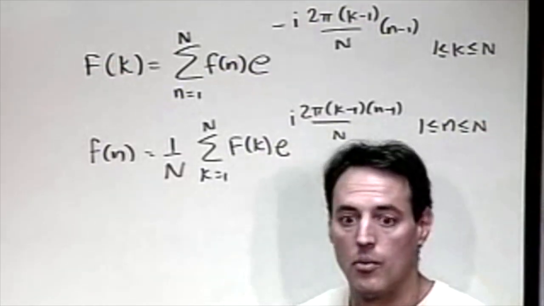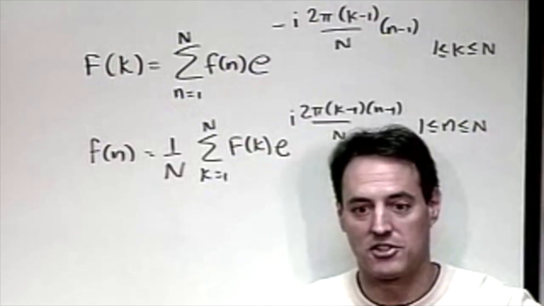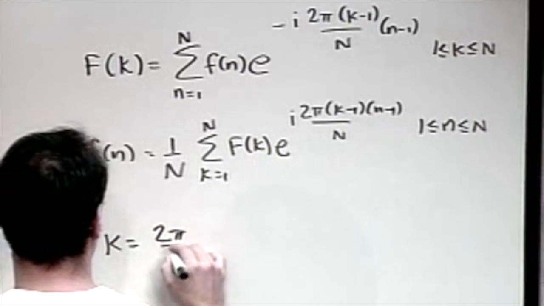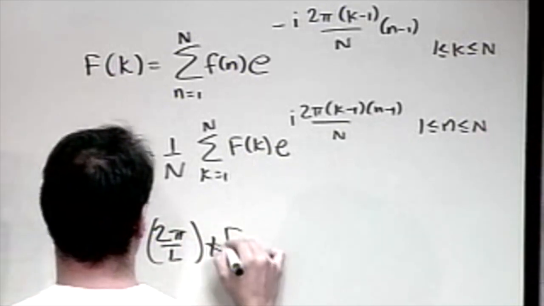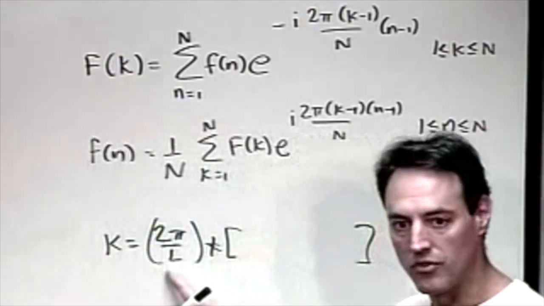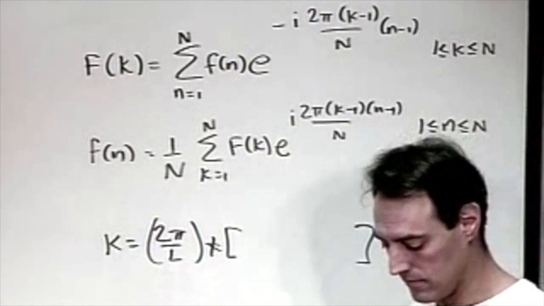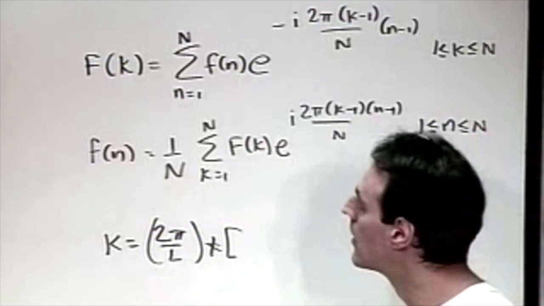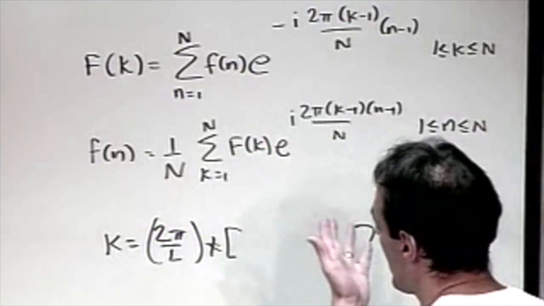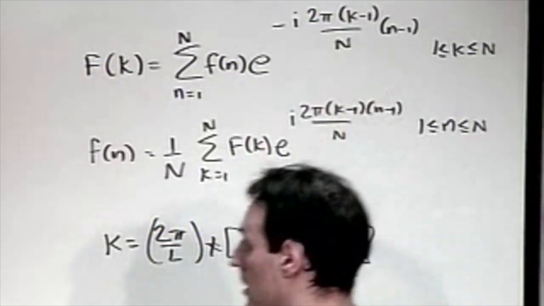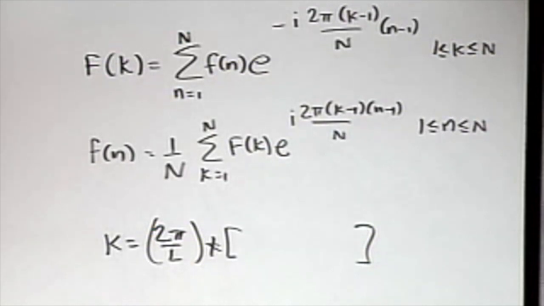Now, if you remember from what we did in class, remember how we defined our k vector? The k vector had this 2 pi over L times, and then I constructed the vector. This is just rescaling down to 2 pi. Okay, so let's talk about actually what this means in terms of what we're going to expand in. We're going to be expanding now on a domain of size 2 pi.